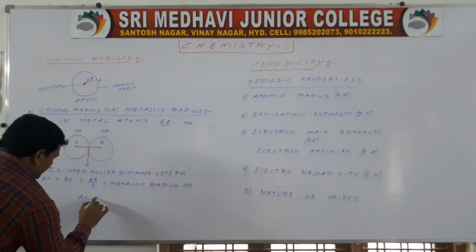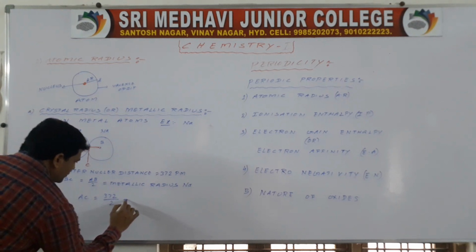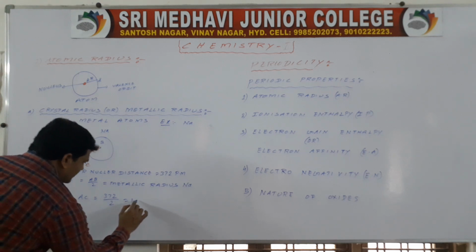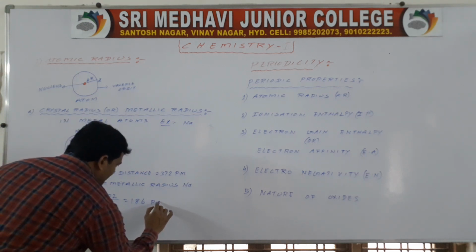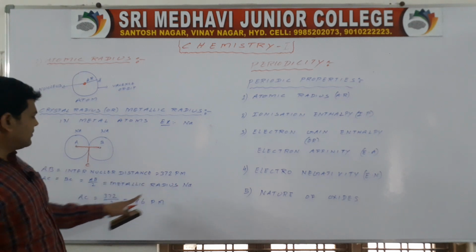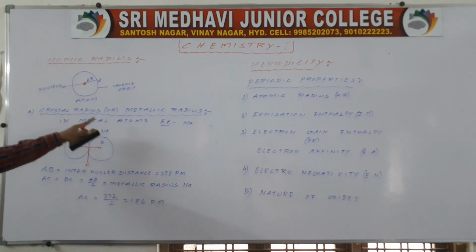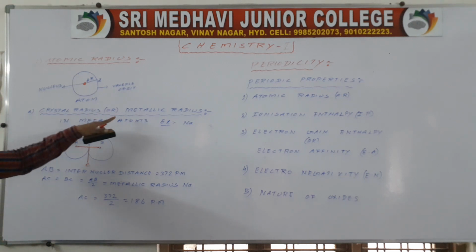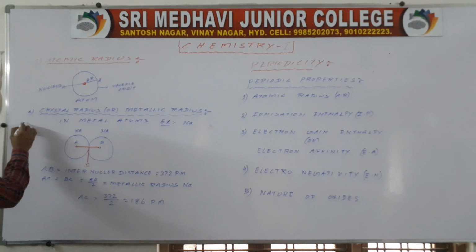So AC equals 372 by 2, that is 186 picometers. This is AC, the metallic radius of sodium. So crystal radius means the radius measured in metal atoms.